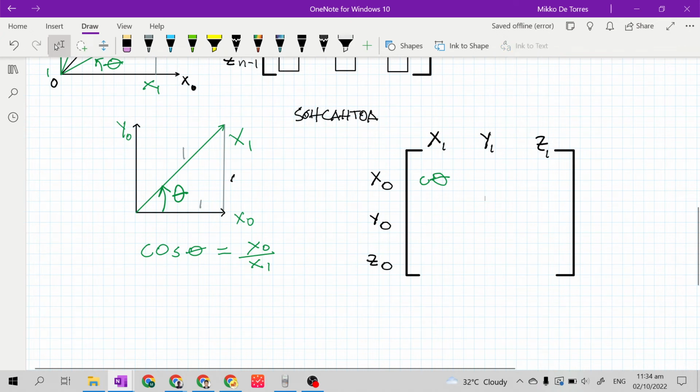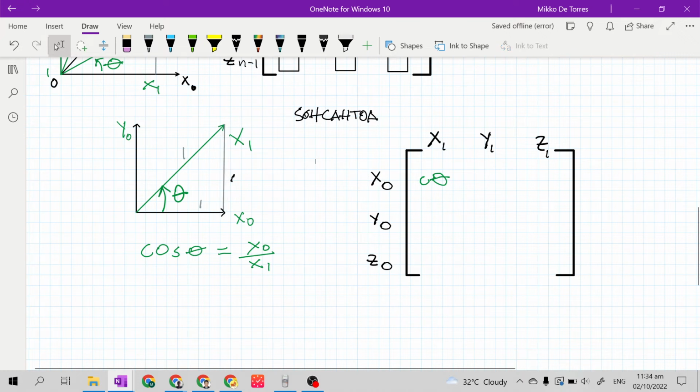Okay. Next, we will look at x sub 1 and y sub 0. We will describe the projection of x sub 1 on y sub 0 using SOHCAHTOA again. y sub 0 is the opposite side, but it's at the y sub 0 axis.